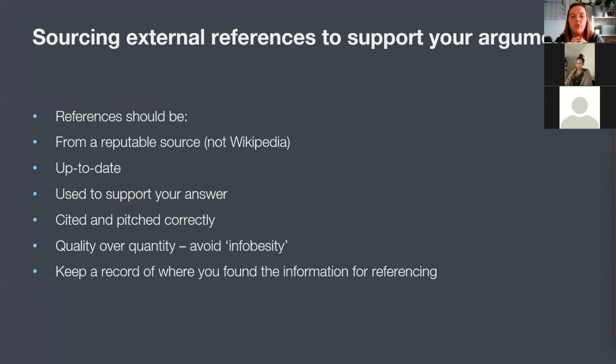There's so much information. So your references should be from a reputable source, not Wikipedia, like I said before. It's up to date as well. You don't want to be citing something in your coursework which is 10 years old. Try and make the things that you're referencing as up to date as possible.